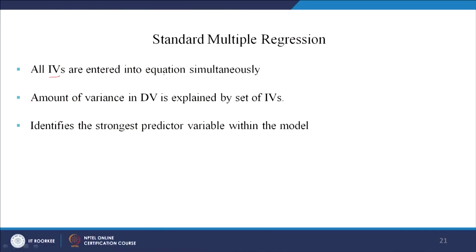Here all the independent variables are entered into the equation simultaneously. As I said, in hierarchical regression you do it in block form, but there is nothing like that here. So all the IVs are entered simultaneously. The amount of variance in the dependent variable is explained by this set of independent variables, but I had warned you that you should be careful of the problem of multicollinearity.